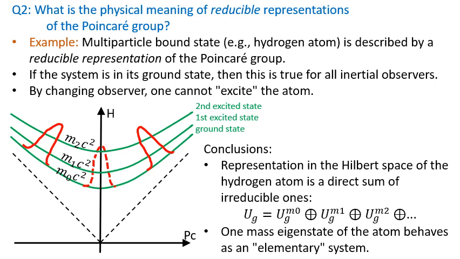We have discussed classification of states by eigenvalues of just one Casimir operator, the mass. This classification could be also extended to eigenvalues of the second Casimir operator, spin squared, but we will not do it here.